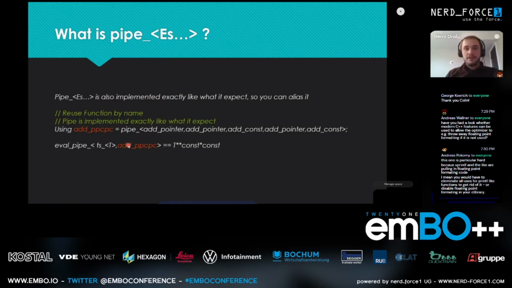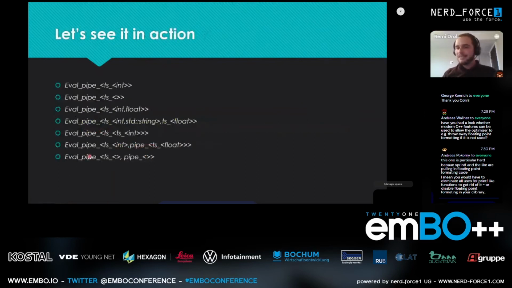This alias is immediately transformed into this series of meta expressions, and it will output the correct answer. And that's because pipe is implemented exactly like the meta expression it expects. Next. Okay, half time, perfect.